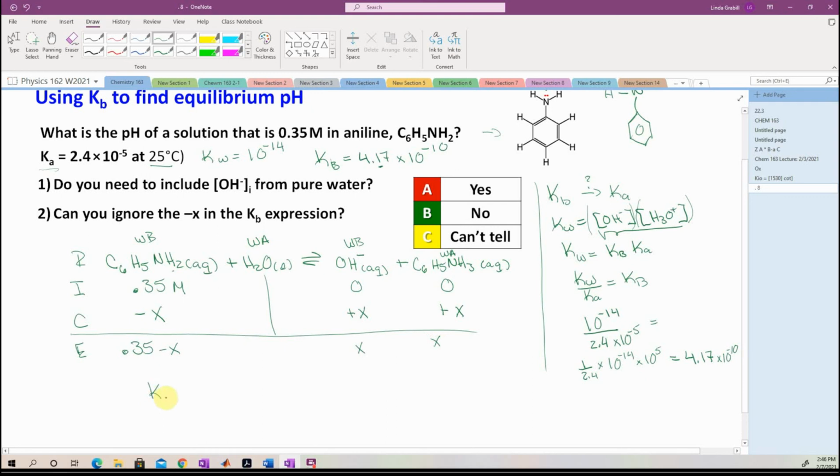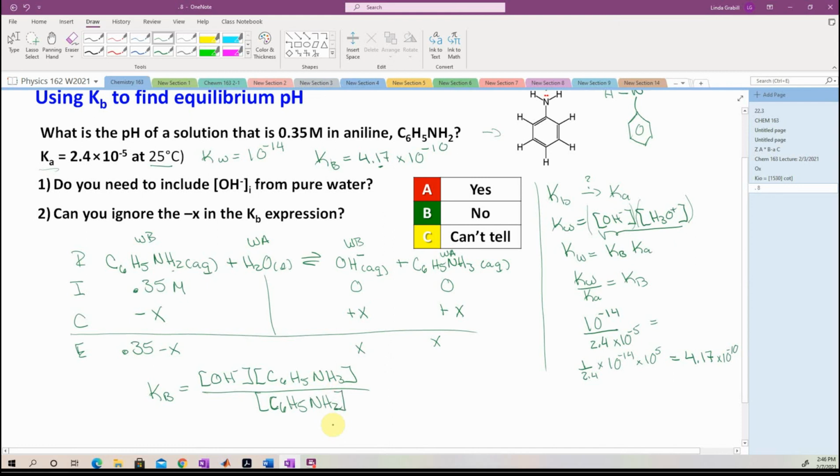So my equilibrium expression then is going to be products OH minus times my conjugate acid, C6H5NH3. God, that's a long compound to write. All right, and then on the bottom here, C6H5NH2.